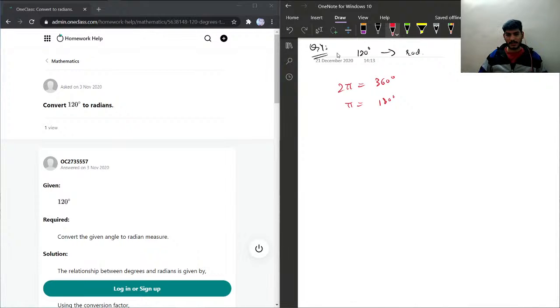So pi is 180 degrees, and let's say x is 120 degrees. We'll do the cross multiplication here. So x will be 120 over 180 into pi, and this will get cancelled. So this will be 2 by 3 pi, or 2 pi by 3.